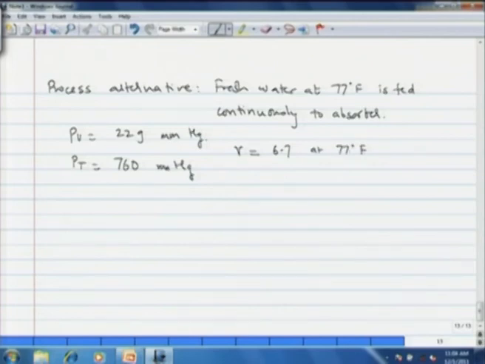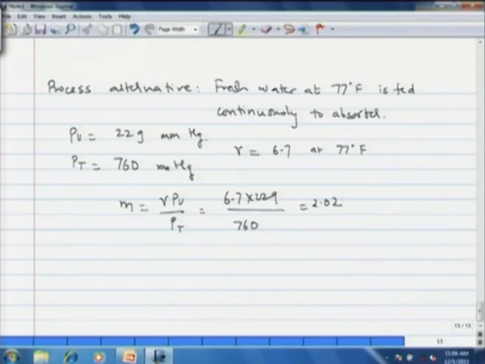Now, with these numbers we can immediately calculate value of m. m will be gamma Pv by Pt, which is 6.7 into 229 divided by 760, which is equal to 2.02.